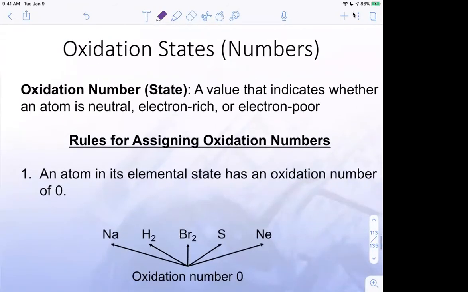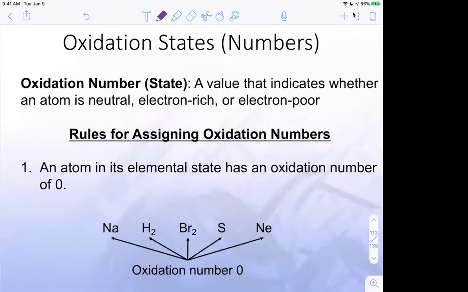So I have some rules on how to figure out the oxidation state or the oxidation number for a particular atom. This oxidation number or state is a value that indicates whether something is neutral, electron rich, or electron poor.